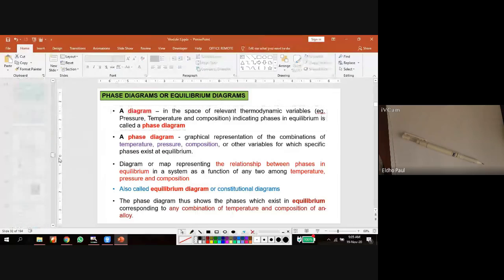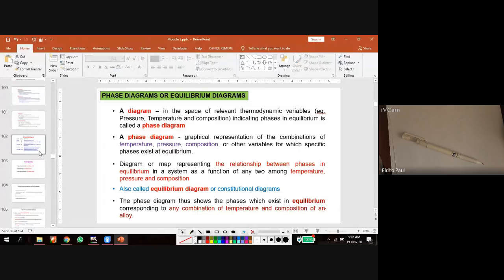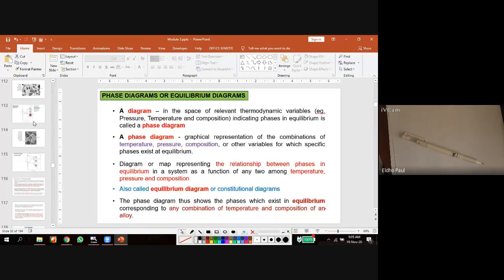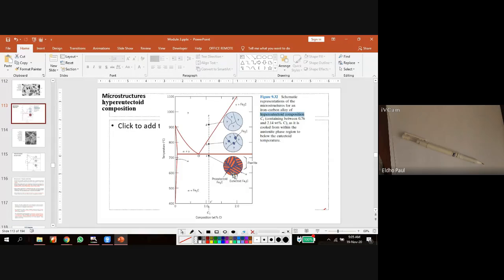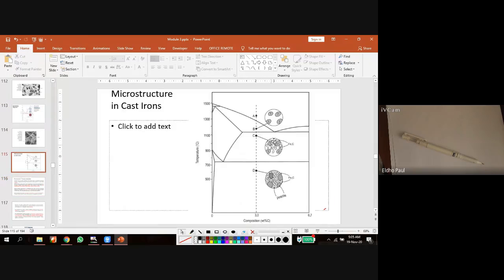So when we deal with the different microstructures, all the microstructures are formed when we cool from point Z to I, or from A to D. Every cooling should be very slow cooling.